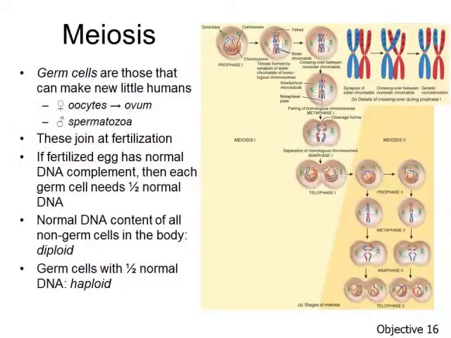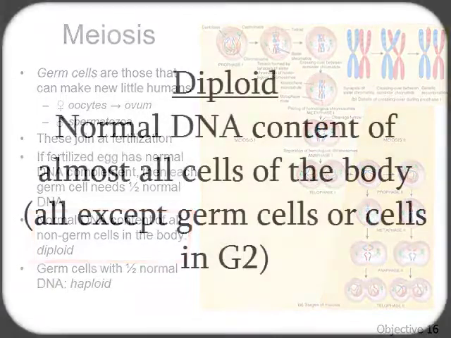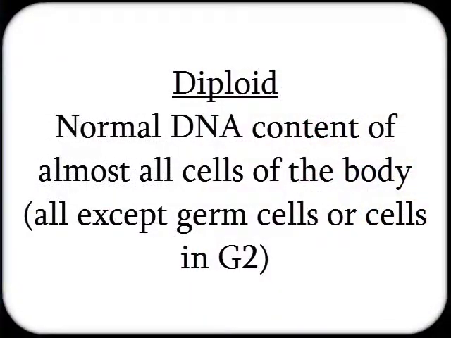The normal DNA content of all the cells of your body that aren't germ cells, your skin cells, your brain cells, your heart cells, your liver cells, we call those cells diploid if they have the normal DNA content.